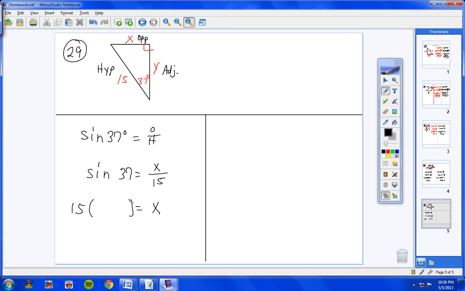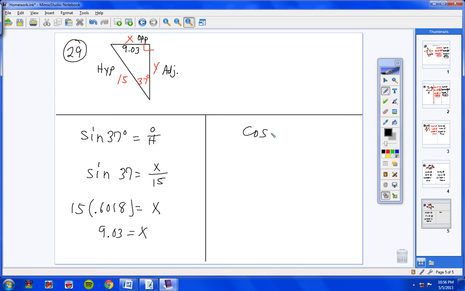So let's see what the sine of 37 is. Sine of 37 is 0.6018. Multiply those two numbers together, and you will get 9.03. So we come up here, we know the length of this side of the triangle is 9.03. This is pretty cool, we can do this.